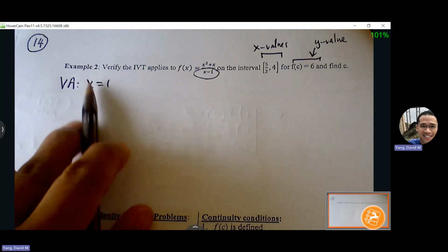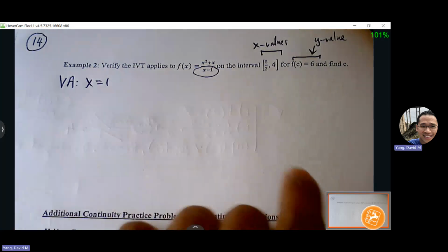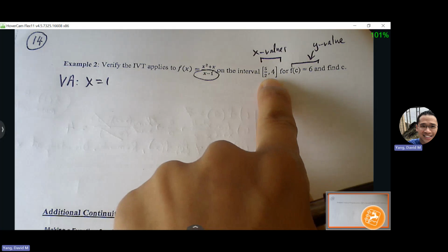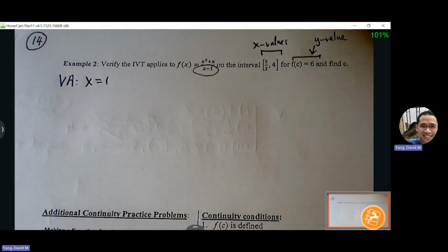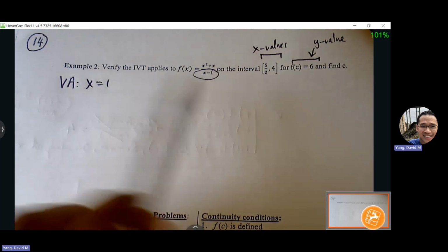But do we need our entire function to be continuous for this to work? Only where? The x values of 2.5 to 4. Exactly right. As long as our interval is protected and there's no disruption in that interval, then we're good. The only disruption is outside the interval, so we know we're safe.